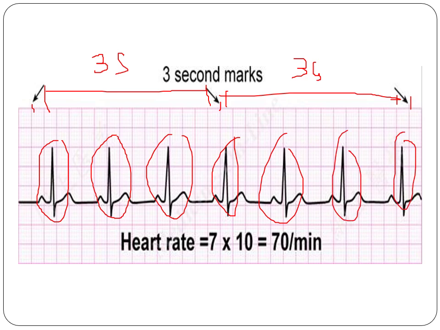They take those QRS complexes and multiply it by a factor of 10. This gives us our heart rate of 70 per minute. This is the easiest interpretation of an ECG reading. We have other interpretations like the 3-second technique or other intervals, but for the sake of this video presentation, this is what we will use.